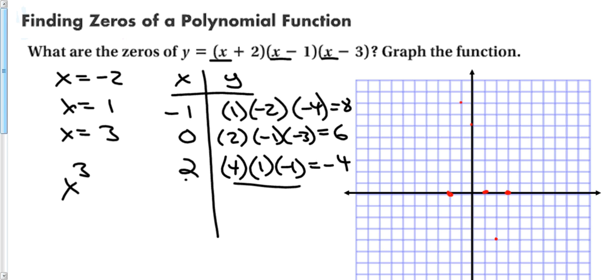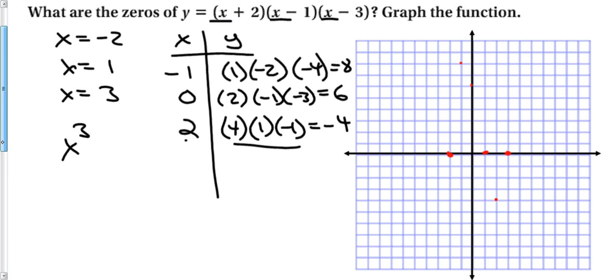So looking at that, I know that my lead term is positive, and it has an odd exponent. So having a positive and odd lead term means that this end goes down, and this end goes up based on the end behavior.